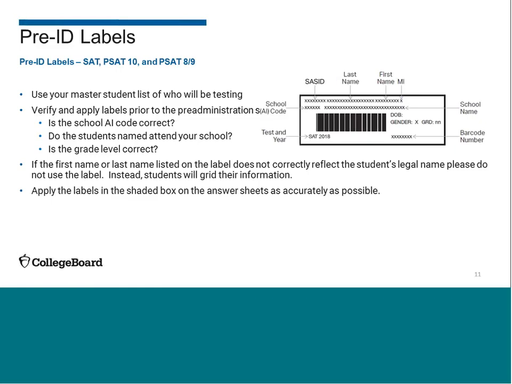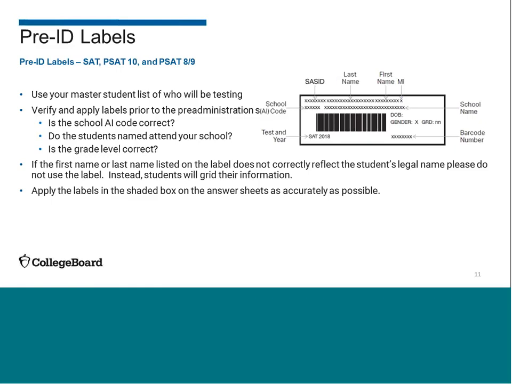Instead, you're going to have students grid their information and securely destroy that particular label. If any other information on the label is inaccurate, it is okay to use the label. The only scenario where you won't use the label is if the student's first or last name is incorrect.